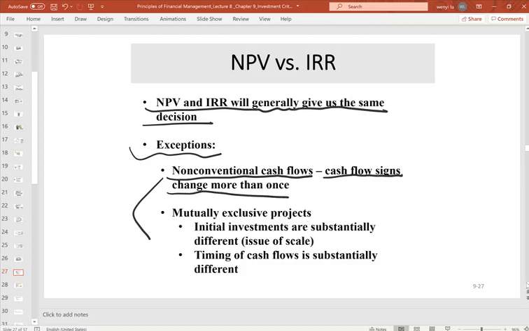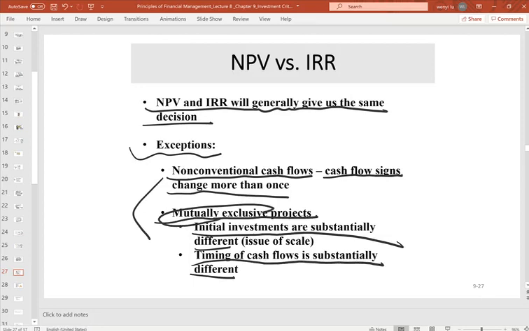The next one is mutually exclusive projects, where either the initial investments are substantially different, or the timing of the cash flows is substantially different. What is the meaning of mutually exclusive?